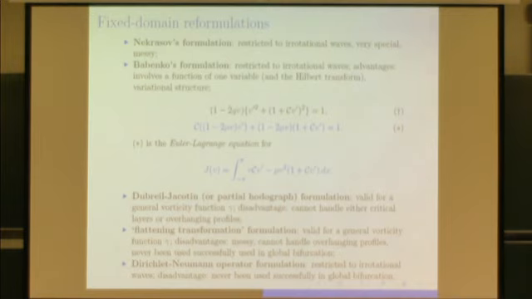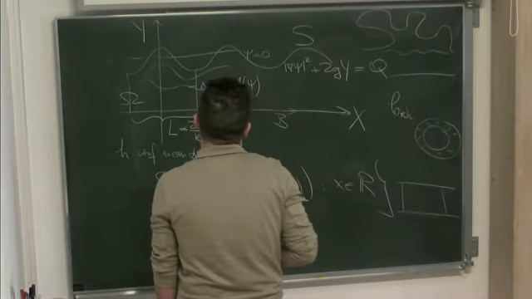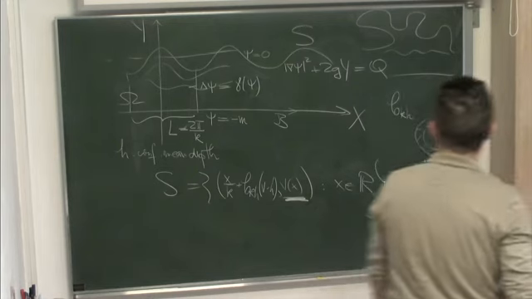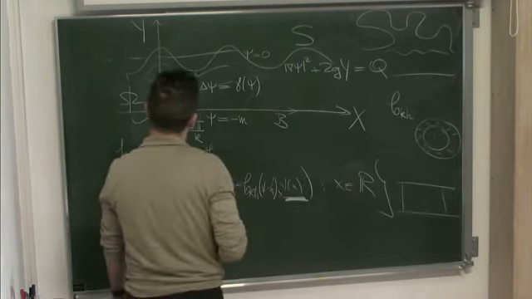And for general vorticity, there are two possibilities that have been used so far for transforming the problem to one in a fixed domain. One is to use this hodograph transformation due to Dubreil-Jacotin.